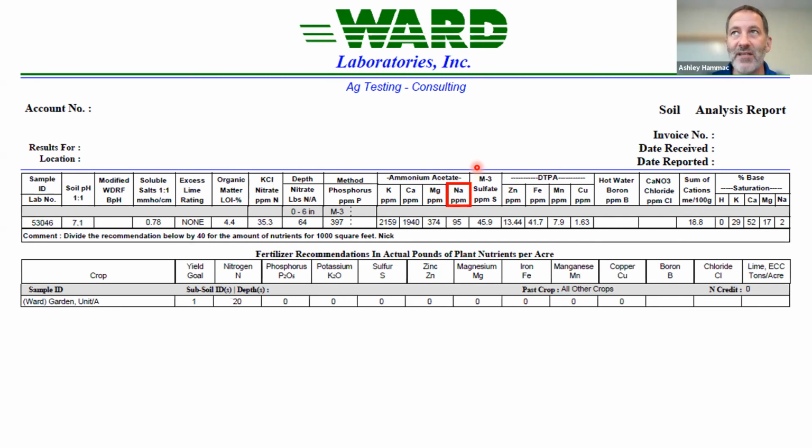So if you get high sodium and low calcium and magnesium levels in the soil, you can get a soil issue called dispersion, where the clay particles will actually be repelled by one another, and you get this dispersion of clay particles, and it just gets really bad, very difficult to remediate once you get a dispersed soil.